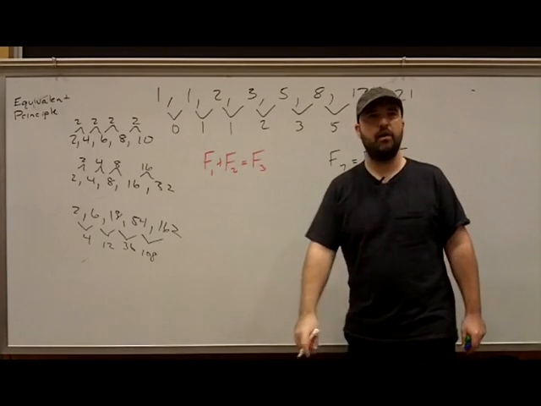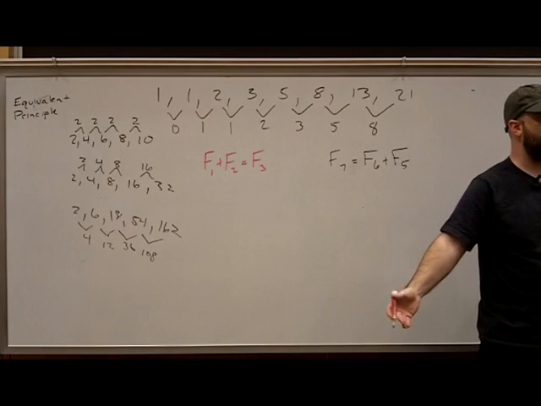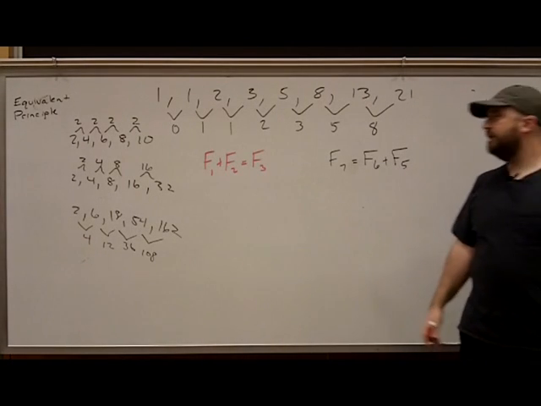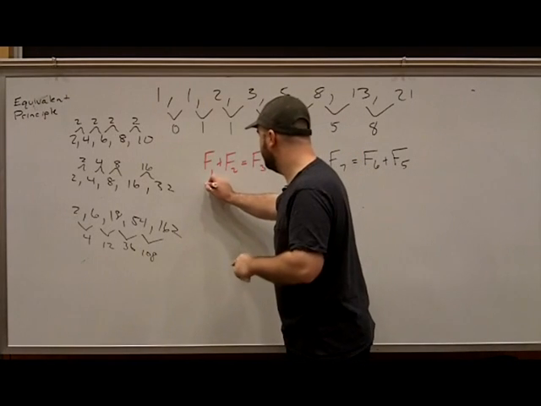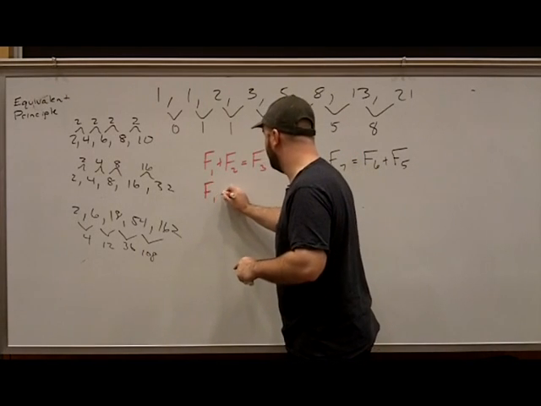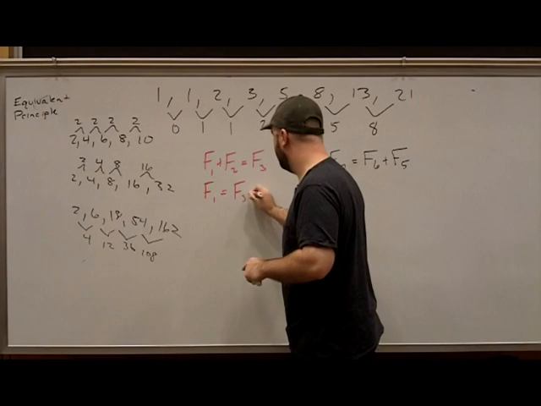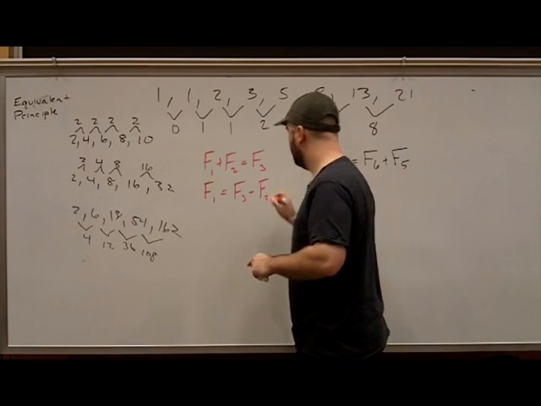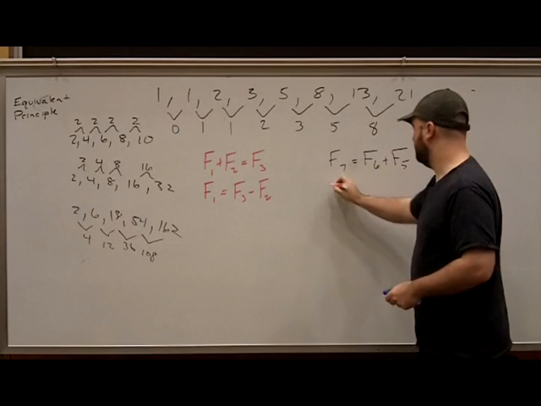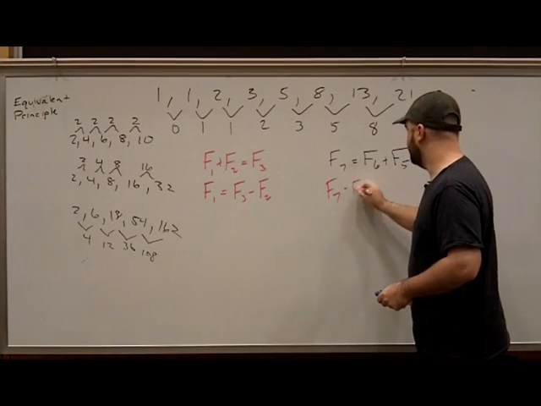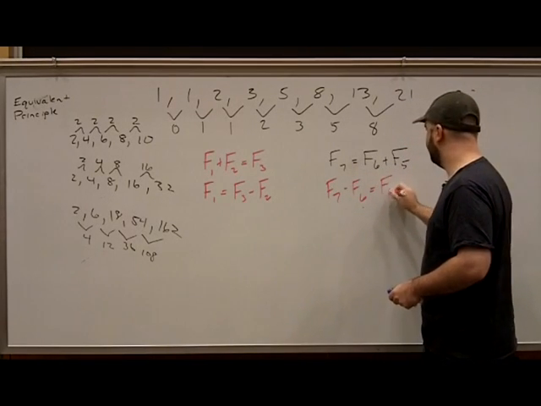We could write it this way. We could always see that each term is a sum. That's what each term is. Well, we could also write it like this. We could subtract f2 from both sides. And now we see each term as a difference. In fact, the difference of two consecutive terms. And that's true for each pair of consecutive terms. f7 minus f6 is f5.